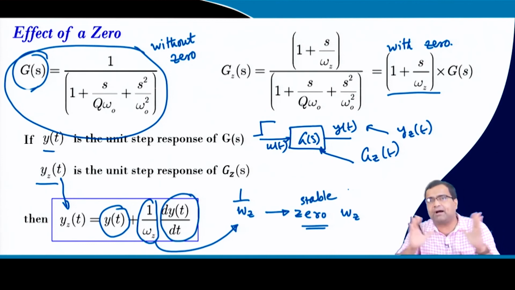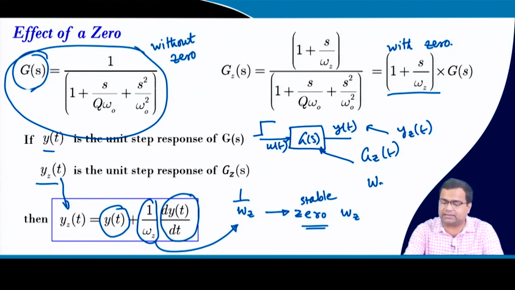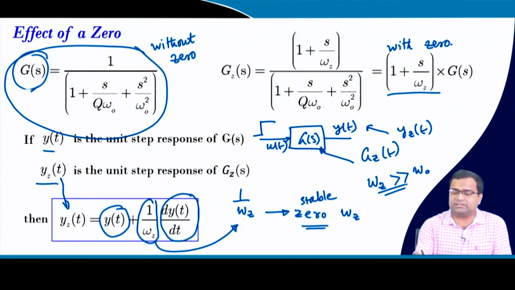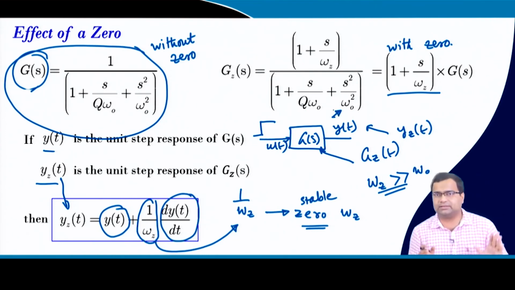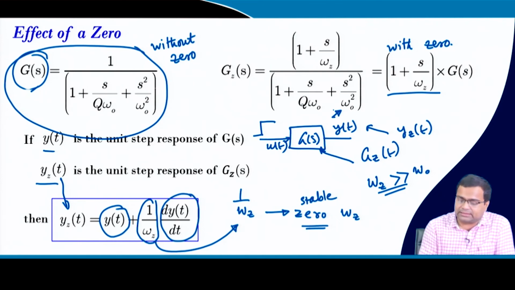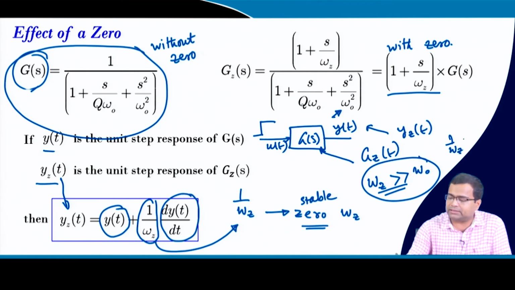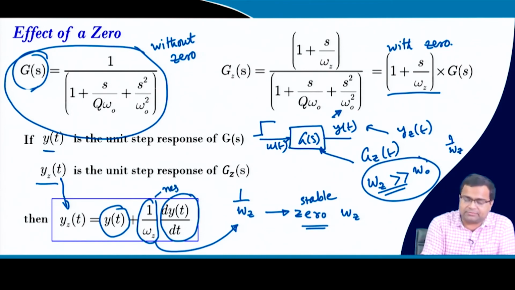If the 0 is very far away in the left half, that means omega z is very much greater than omega 0, where the complex conjugate poles have frequency omega 0, that means it is a high frequency 0, then 1 by omega z becomes negligible.